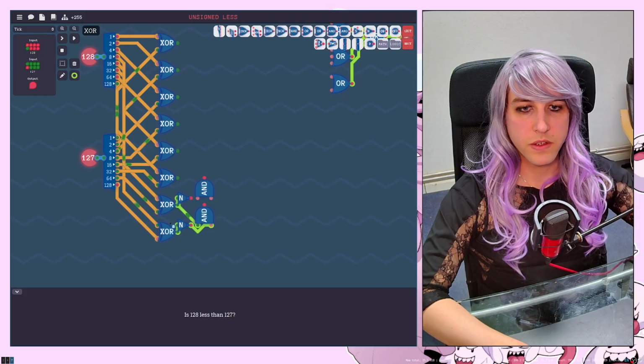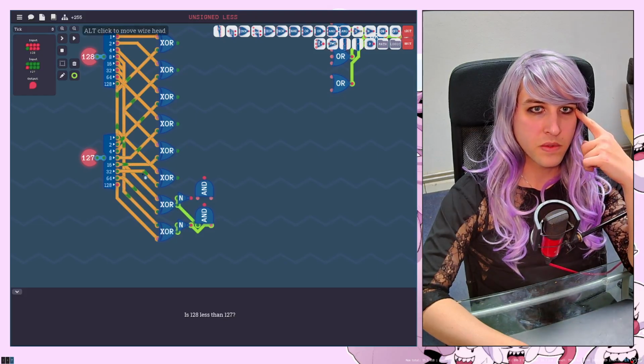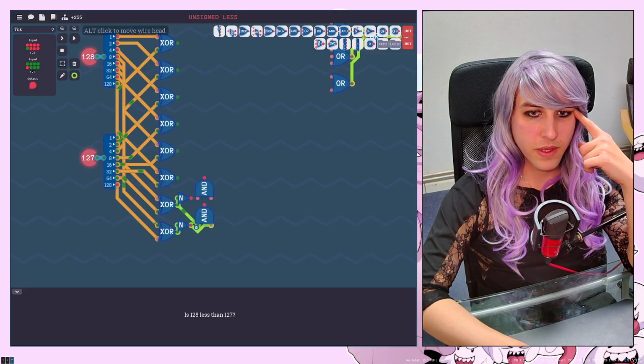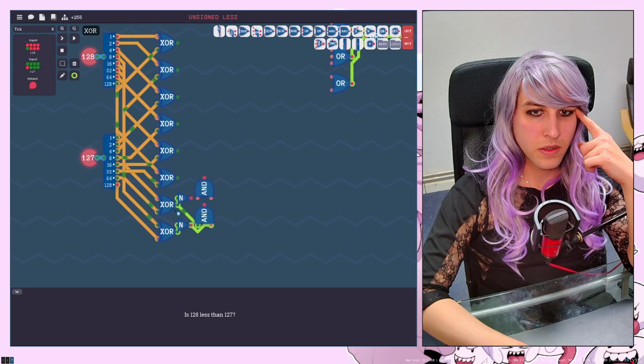So if these two don't differ, right? The highest bits don't differ, and these two don't differ, like the highest don't differ, right? And these two don't differ. Only then.